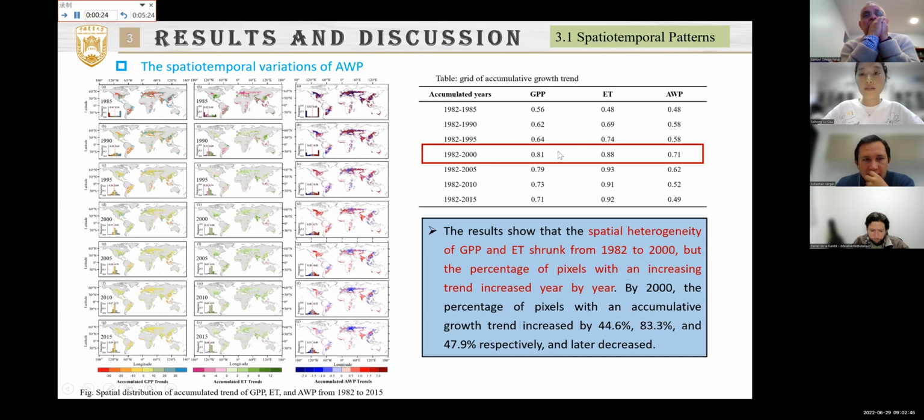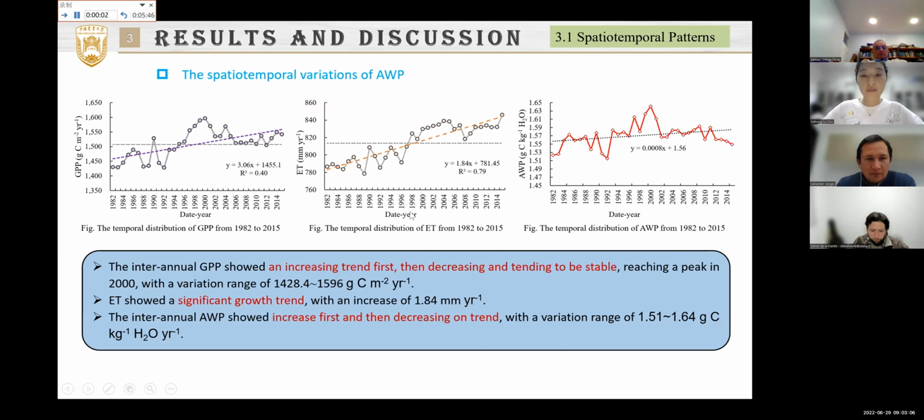By 2000, the percentage of pixels with an accumulative growth trend increased by 45%, 84%, and 47% in GPP, ET, and AWP, respectively, and later decreased. The temporal variation further confirmed this finding.